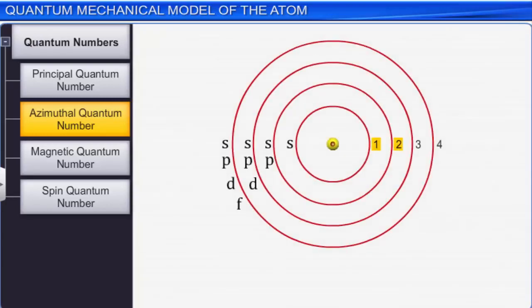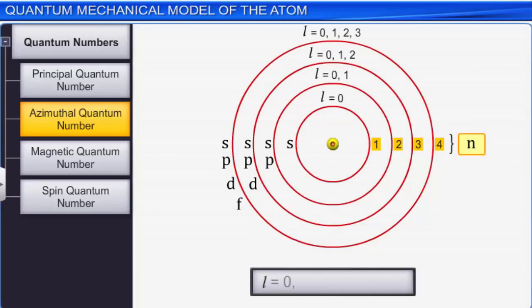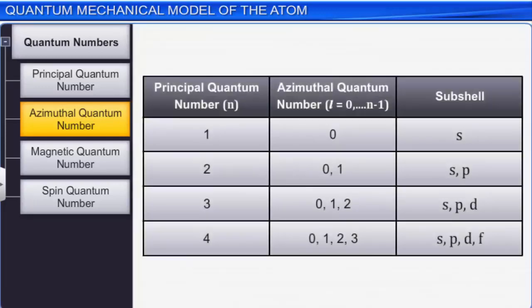For a given value of the principal quantum number n, the azimuthal quantum number l can have n values ranging from 0 to n-1. The value of l, in turn, defines the number of subshells, which means that when n is equal to 1, l is equal to 0. That is, there is only one subshell in the first main energy level.